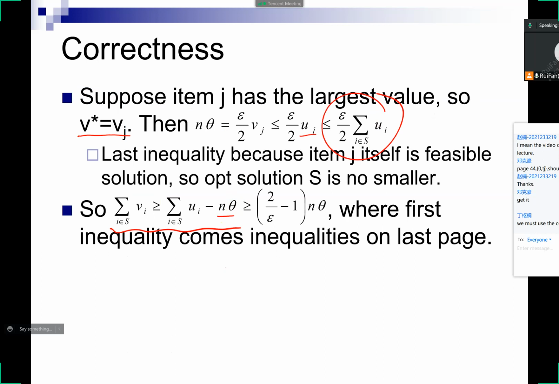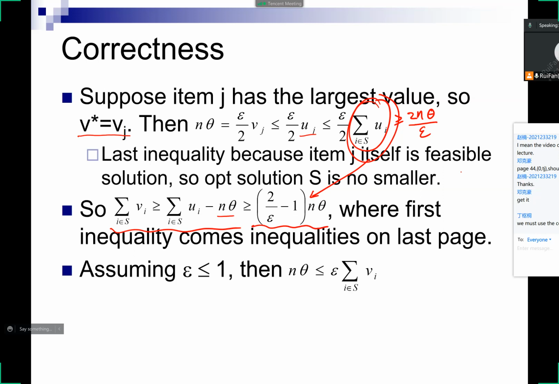That basically means that if you look at this part, the sum here is going to be at least as large as n theta times 2 over epsilon. Then you bring that into over here, and you simplify that, and you get this expression.